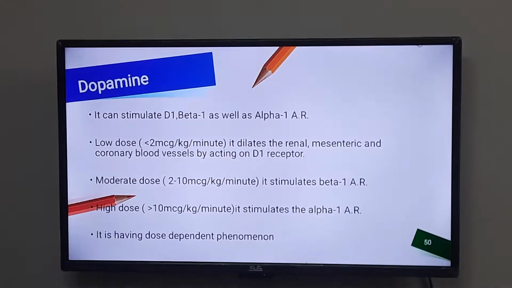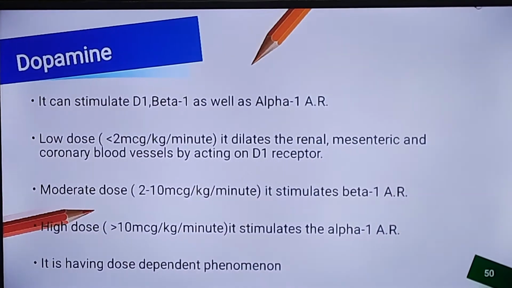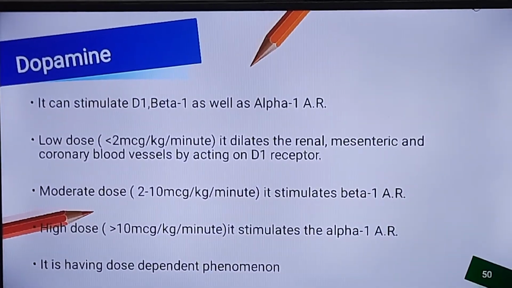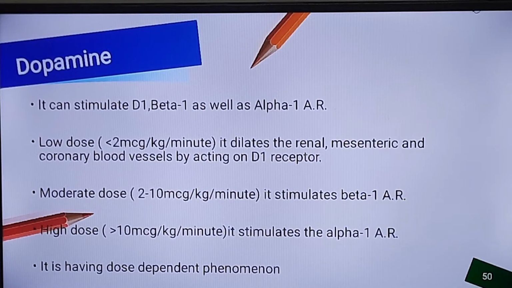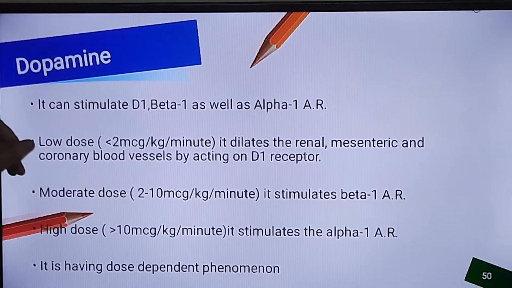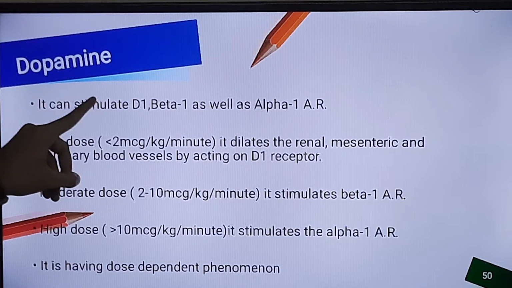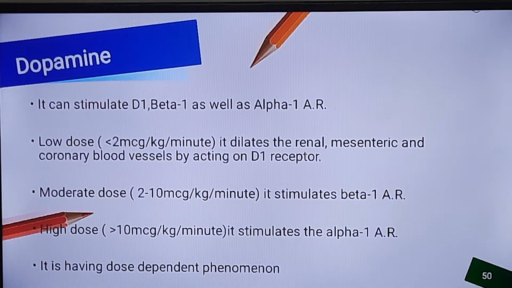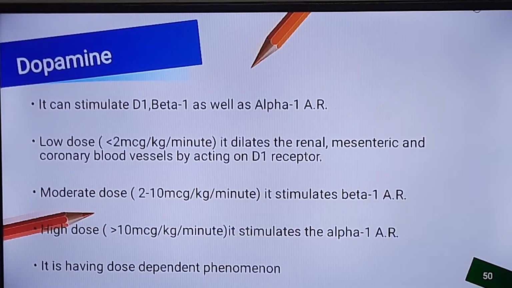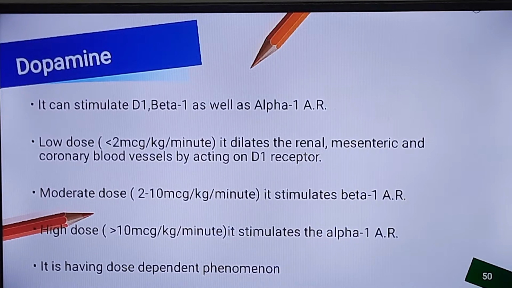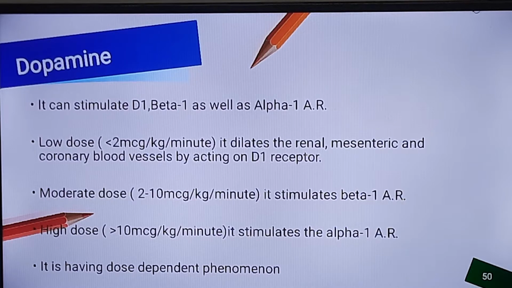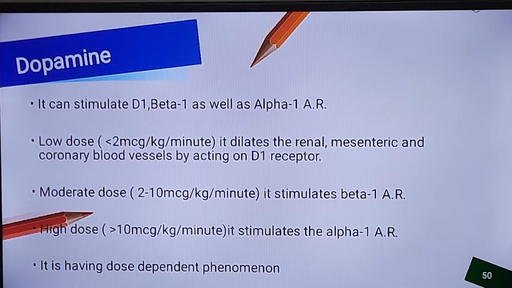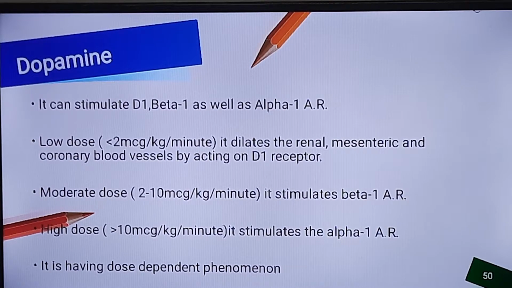To start off, let us start with our dopamine. Now ये जो dopamine होता है, it can stimulate dopaminergic D1 receptor. It can stimulate our beta-1 adrenergic receptor, as well as it can stimulate our alpha-1 adrenergic receptor.